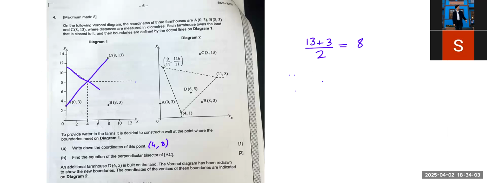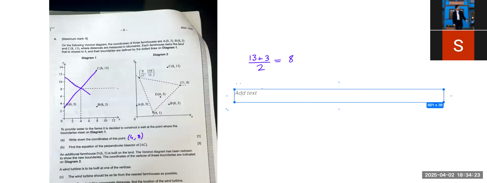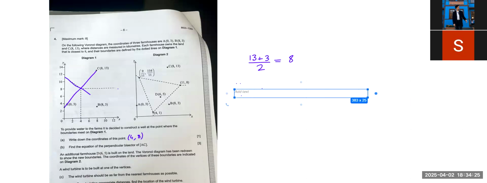I've basically said that every boundary on a Voronoi diagram is a perpendicular bisector of the line connecting the 2 points the boundary separates. It sounds weirder when you say it in English, but I hope the idea makes sense.